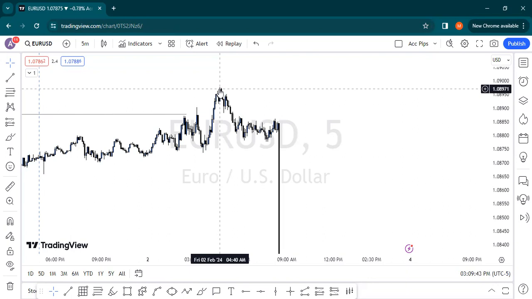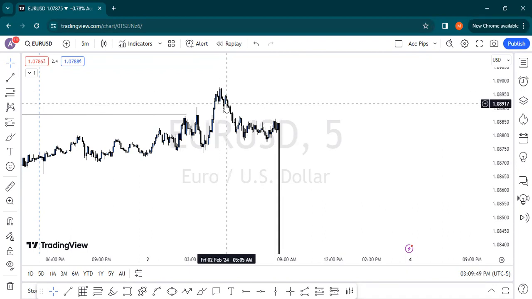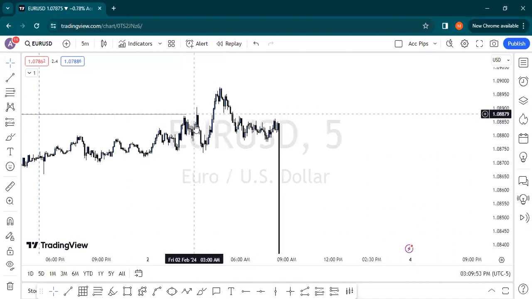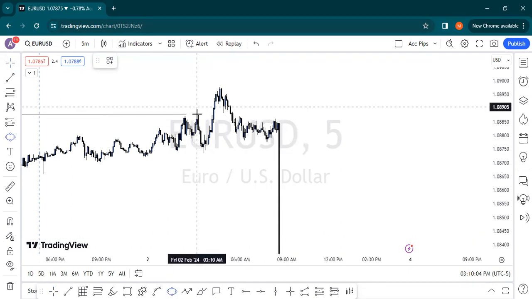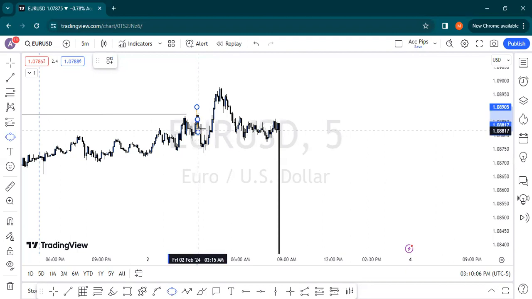But because we are sweeping a higher time frame's high, this area becomes our chalk. The first sweep was here. So this was our chalk, and our entry was here based on this single candle order block, this guy.